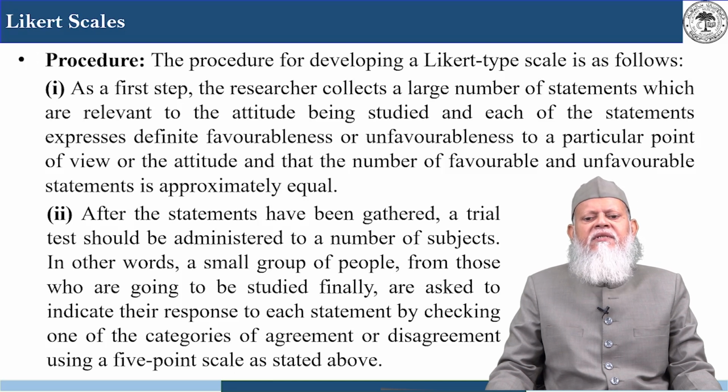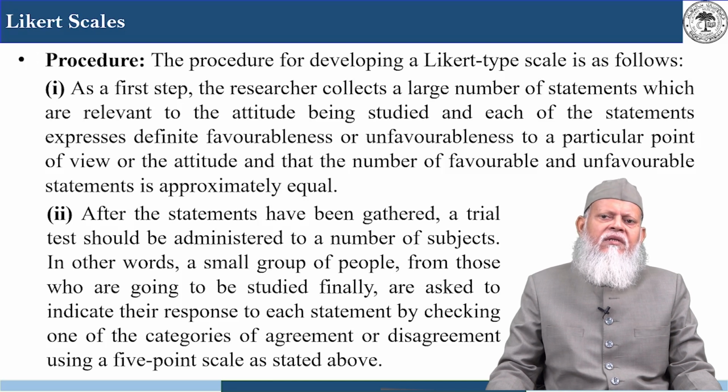After the statements have been gathered, a trial test should be administered to a number of subjects. In other words, a small group of people from those who are going to be studied finally are asked to indicate their response to each statement by checking one of the categories of agreement or disagreement using a 5-point scale as stated above.